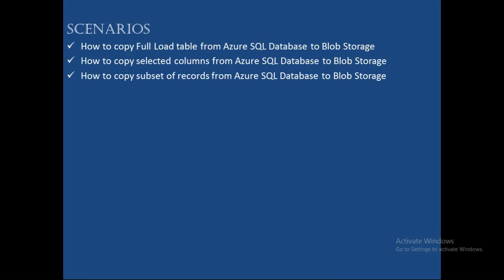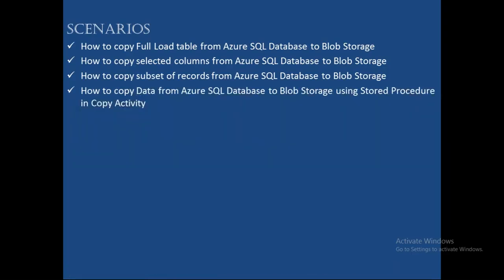I want to copy only India customers' data into blob storage. Understood, friends? I have people from 3 different countries, India, USA, UK. I want to filter and get only the Indian customers' data, and copy this data into the blob storage.